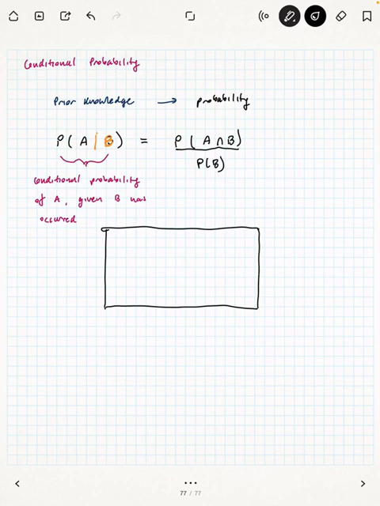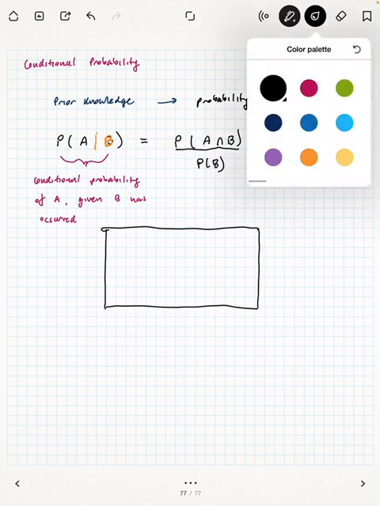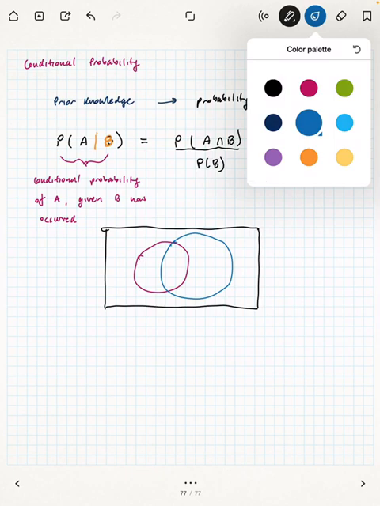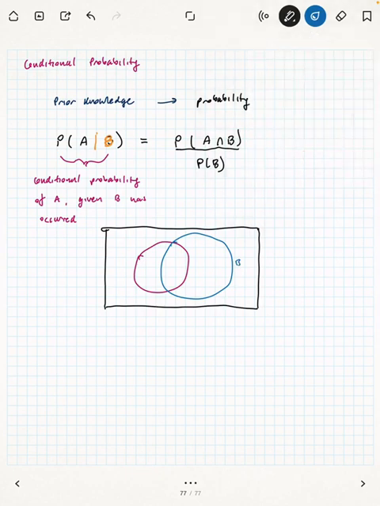Imagine you have your sample space here, and you've got A, and you've got B here, and you know that B has occurred. So, reminder, that's B, that's A. When we know that B has occurred, what we're essentially doing is we're collapsing the sample space to just being B.